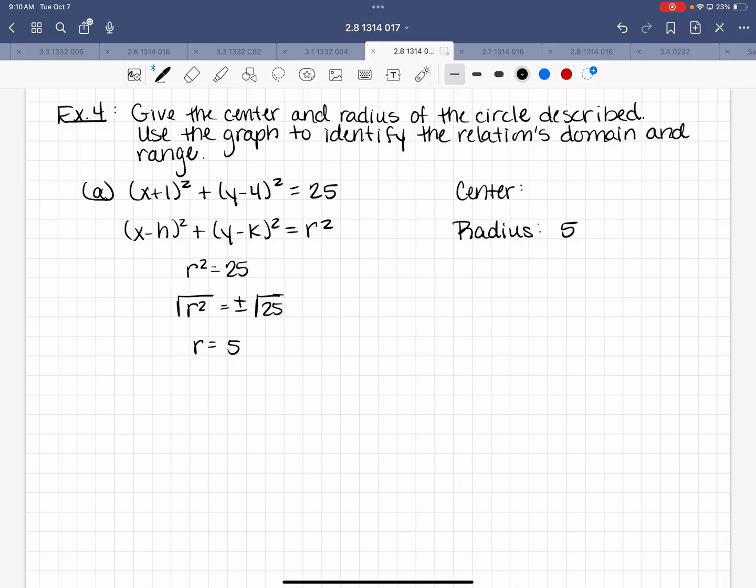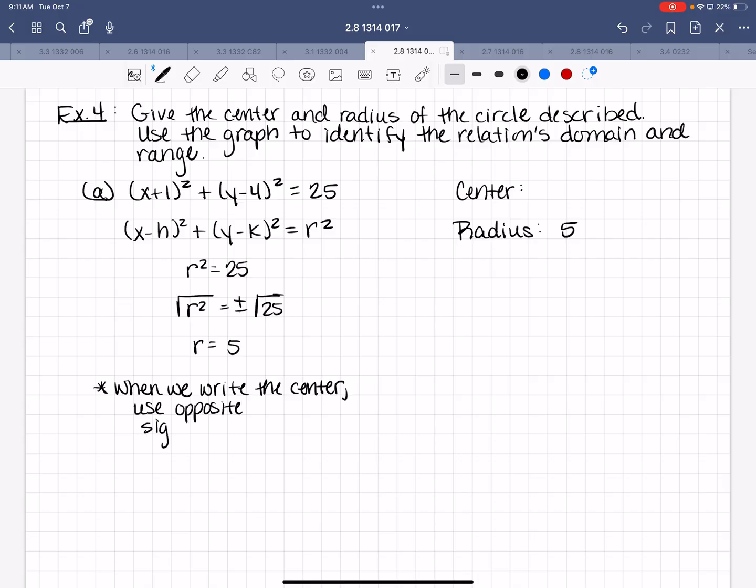Now let's think about how we're going to get the center, the (h, k). Guys, that negative is already pre-built into the standard form. The easiest way to remember it is that when we write the center, use opposite signs.